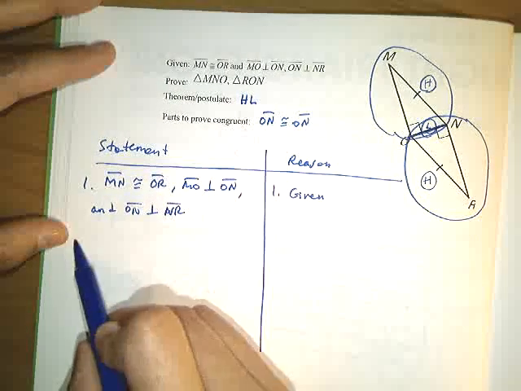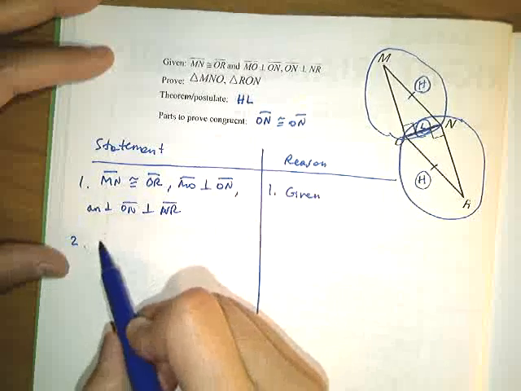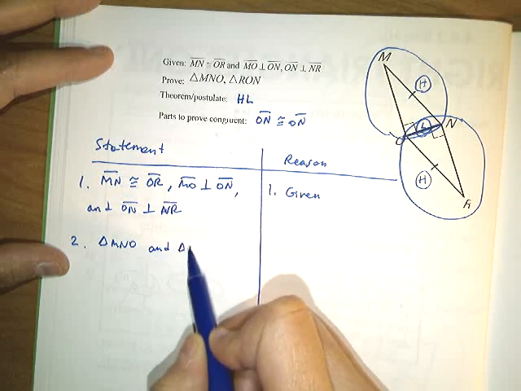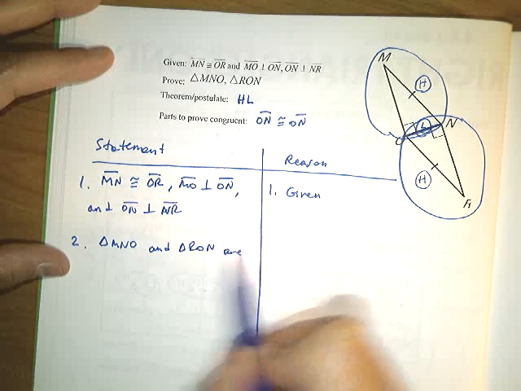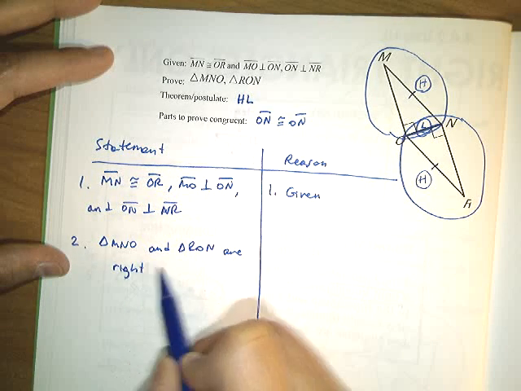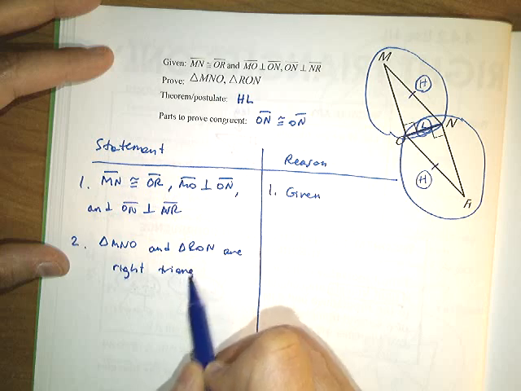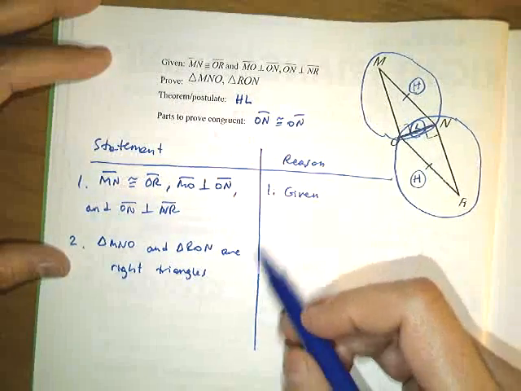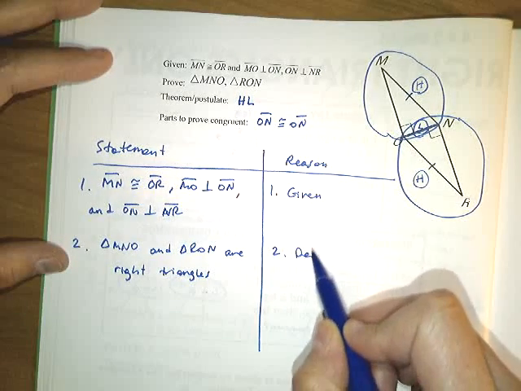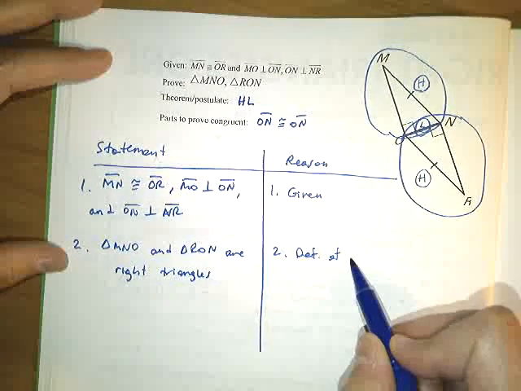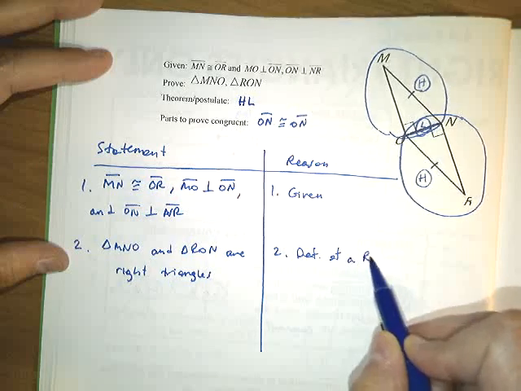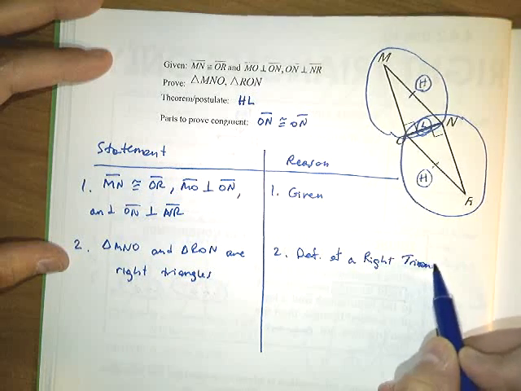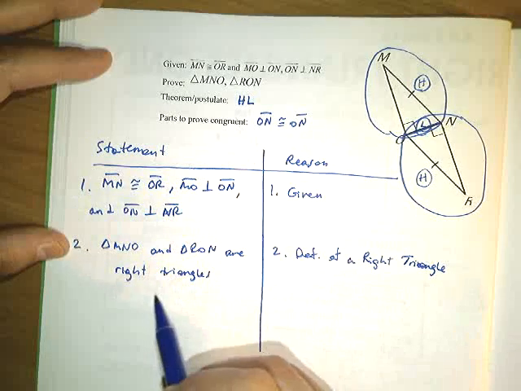Remember that the hypotenuse leg theorem only works with right triangles, so I'm going to say that triangle MNO and triangle RON are right triangles. And I know that because each of them has a 90-degree angle in it. So by the definition of a right triangle, I know that to be true.